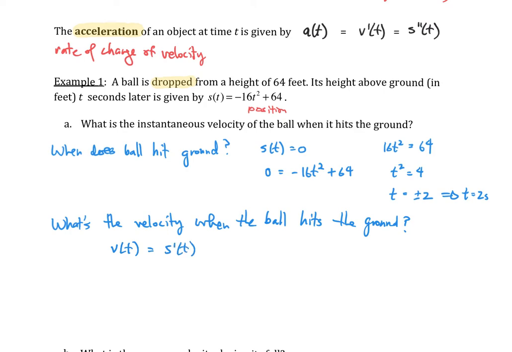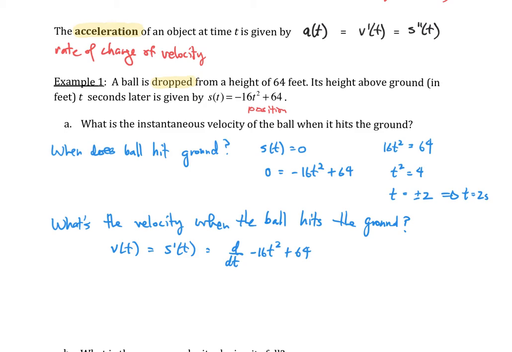So we need to differentiate with respect to t our position function, which was negative 16t squared plus 64. Remember, I put my differentiation operator as d over dt because the independent variable is t.